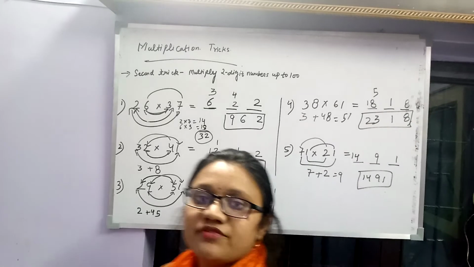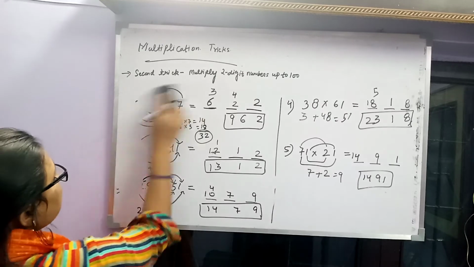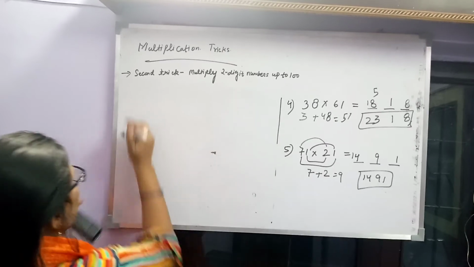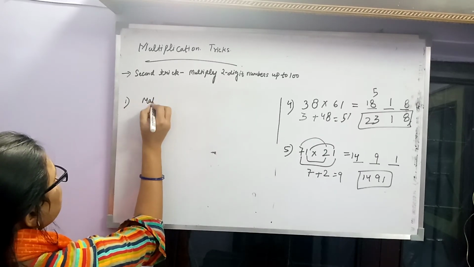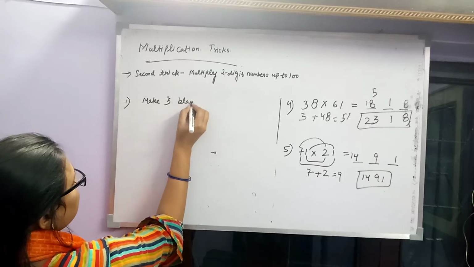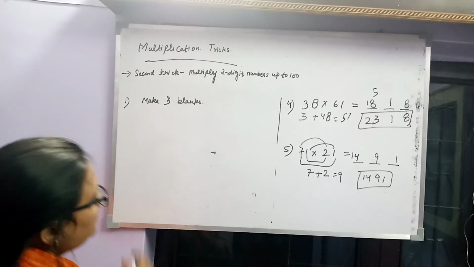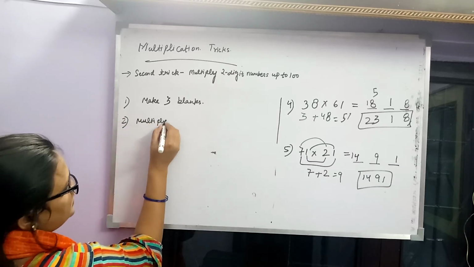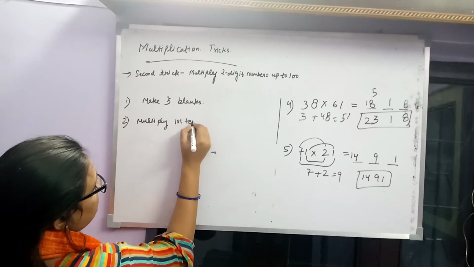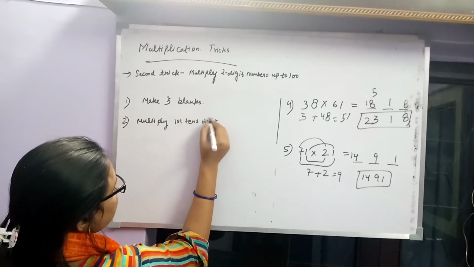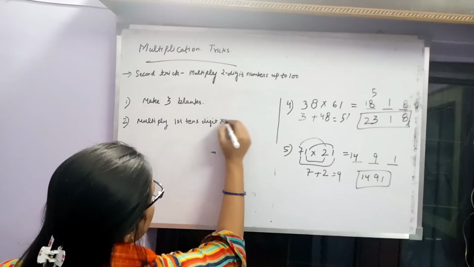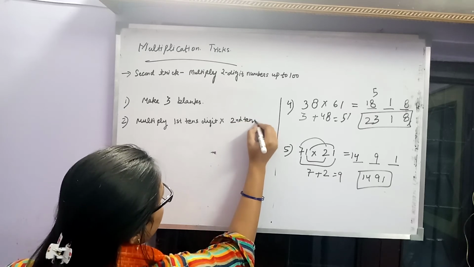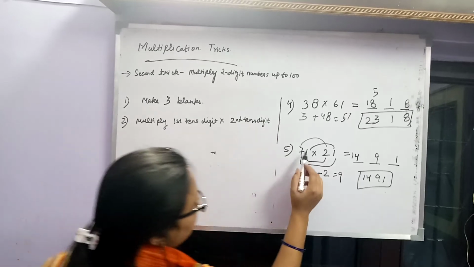So now let's have a quick recap. I am just writing the steps so that you can follow. The first step is to make 3 blanks. Second, multiply the first tens digit into the second number's tens digit.